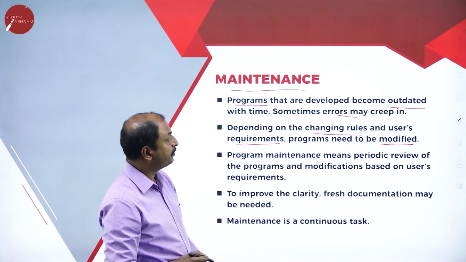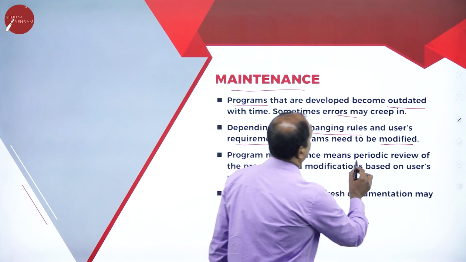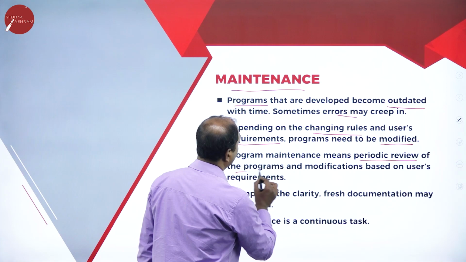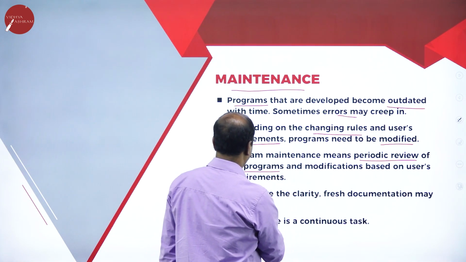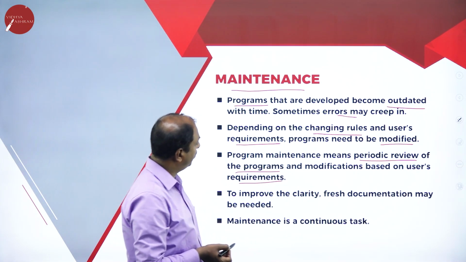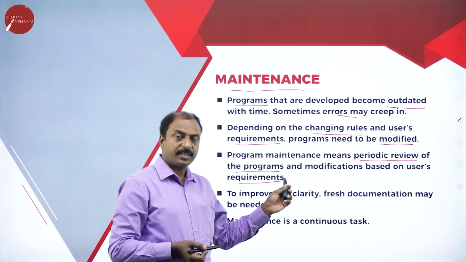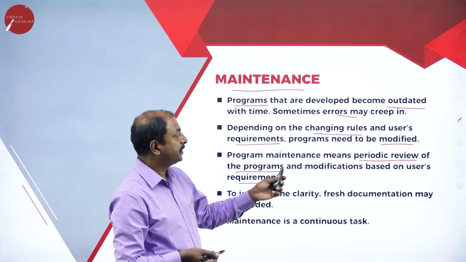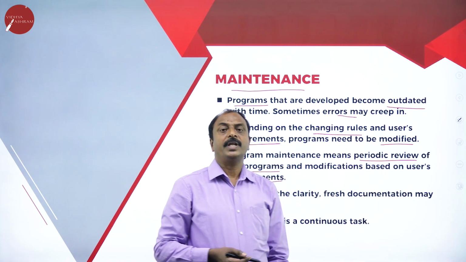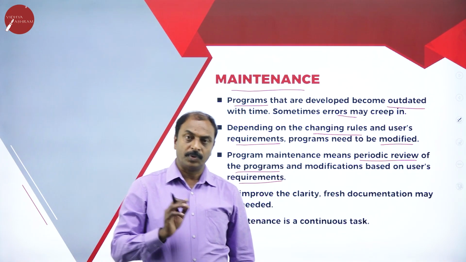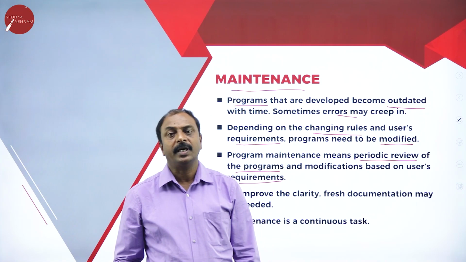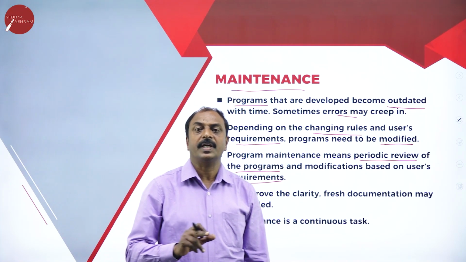Program maintenance means periodic review of the program and modification based on user requirements. In another way, it is periodic review, meaning very often we have to keep looking at the program, and any changes to be done have to be done as per the user requirement.